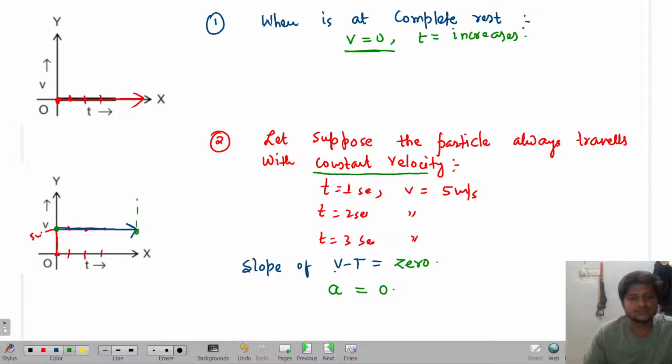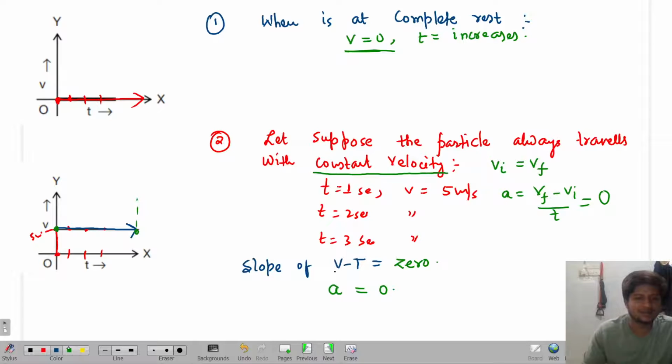If I have considered constant velocity, that means initial velocity is equal to final velocity. Now, if initial velocity is equal to final velocity, what do we know? That acceleration is equal to v final minus v initial by time. So for that case, acceleration becomes 0. If you have a constant velocity, acceleration is 0.